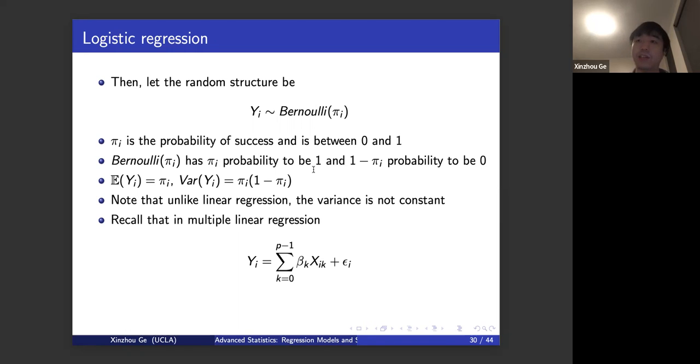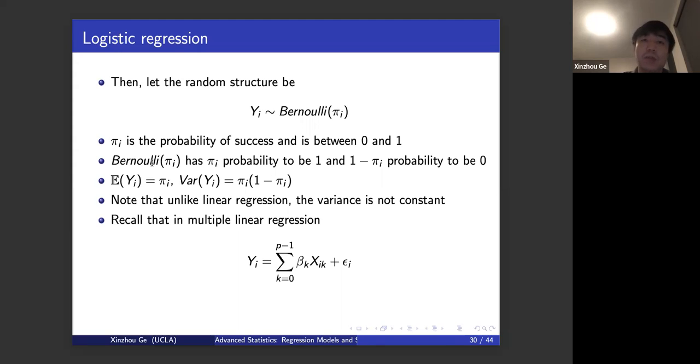So it will only take two values, 0 or 1, which is the same as our response. The key part of this Bernoulli distribution is the parameter pi i, which is the probability of getting a 1.